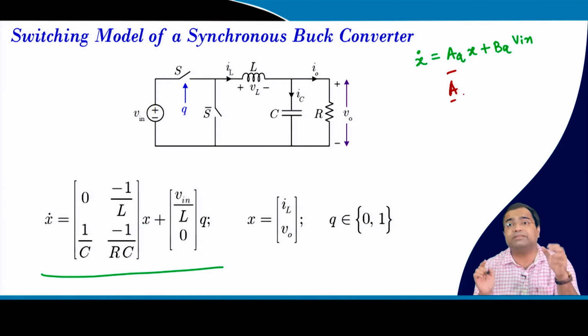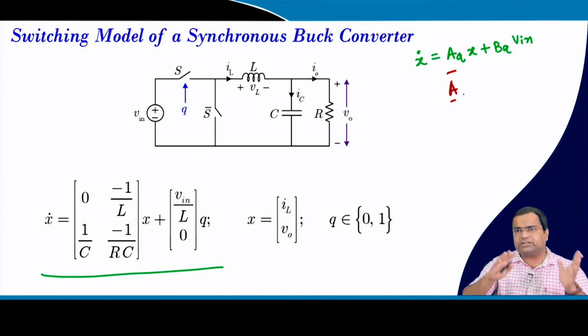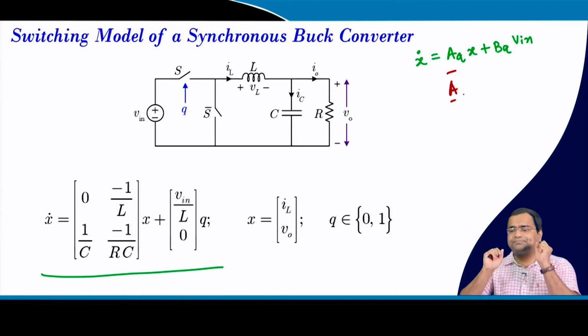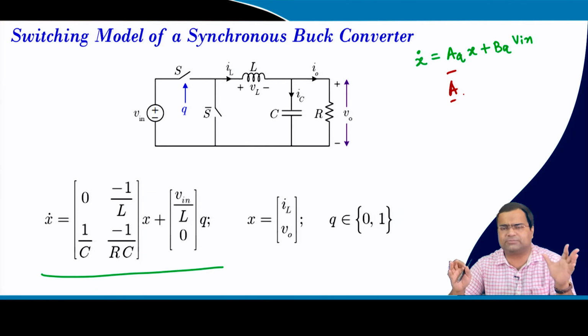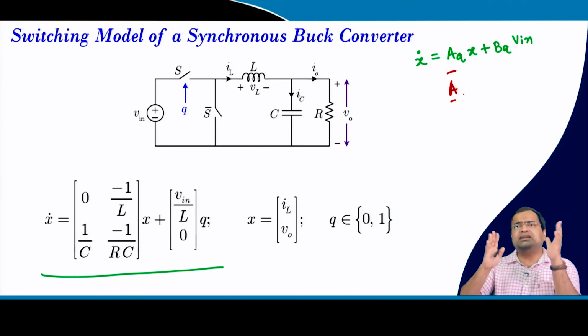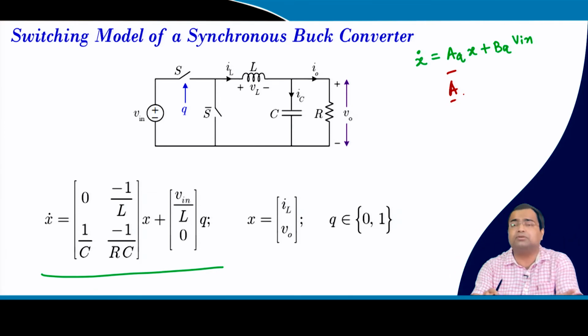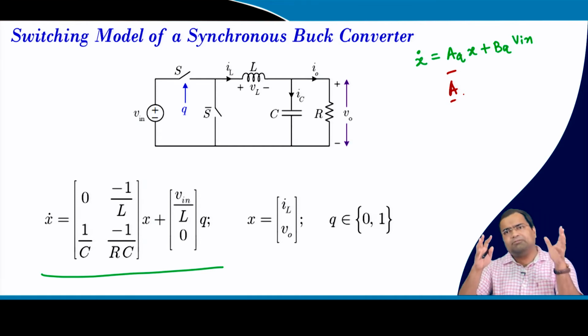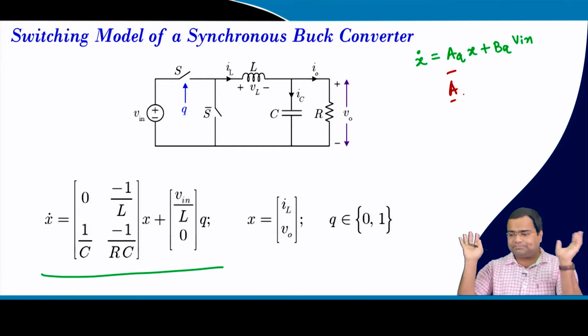This structure will be different when you combine continuous and discontinuous conduction. Similarly, for a real buck converter with parasitics, diode drop and so on, the A matrix can be different and also dependent on the switching. But if you take a synchronous buck converter with almost identical RDS on and RL, then the A matrix will be more or less the same.